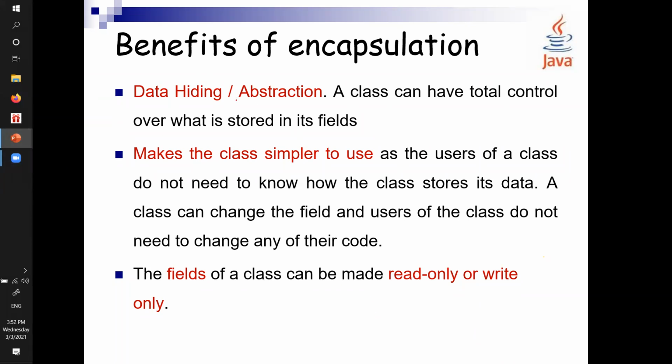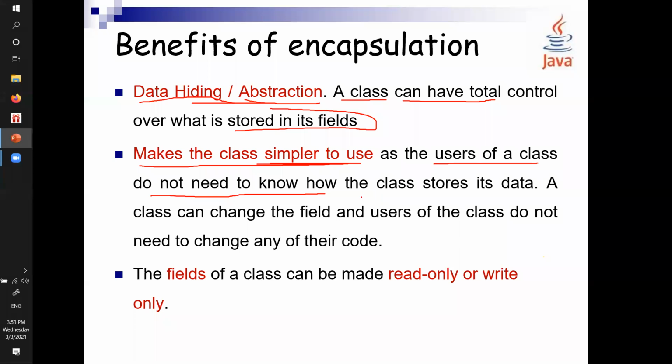So data hiding, which is also known as abstraction, by the way. A class can have total control over what is stored in its fields, and this makes a class simpler to use, as the users of the class do not need to know how the class stores its data.